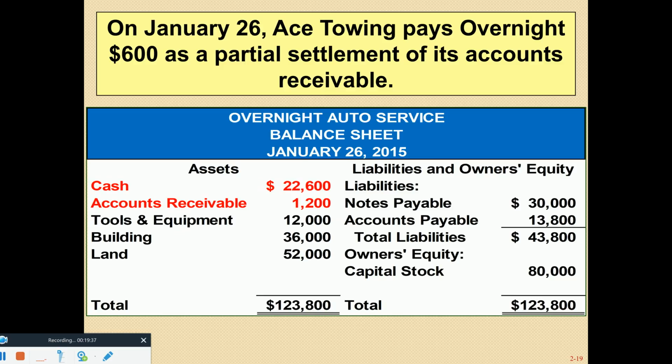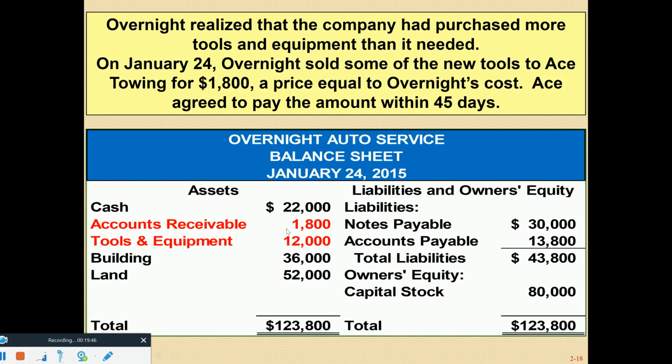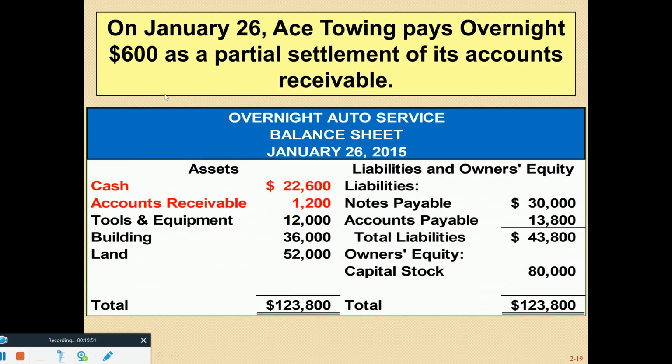All right, a couple days later, Ace Towing paid. You remember the company that just entered into this $1,800 receivable? They're paying off some of it. So they decided that out of the $1,800 that Ace owed us, $600 was paid.